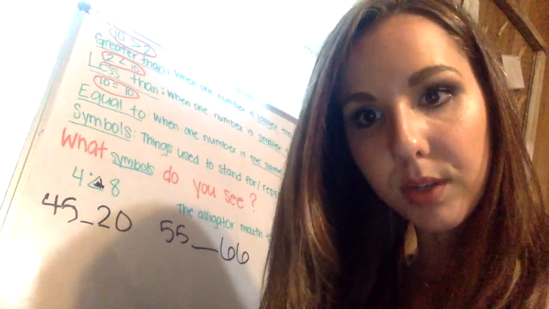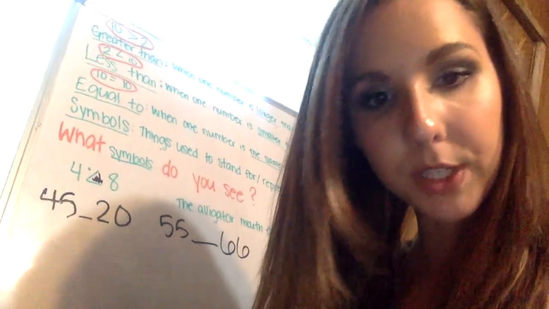So right here we have some examples. Let me get my marker. So we have 45 and 20. If anyone knows which of those would be the greater number, please raise your hand and tell me.